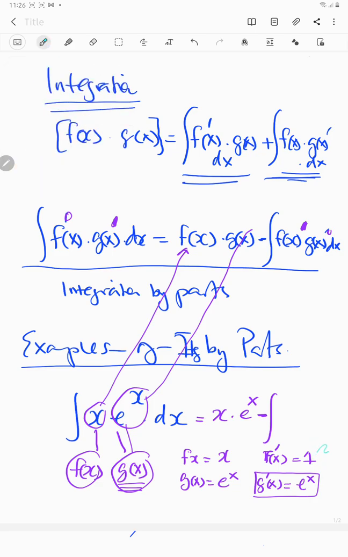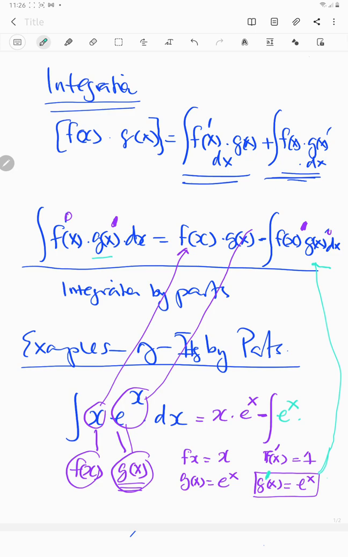This is equal to g'(x), which is going to be equal to e^x, multiplied by the value that we have there, which is f'.